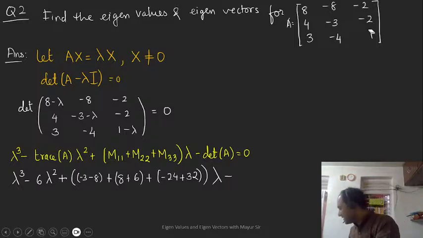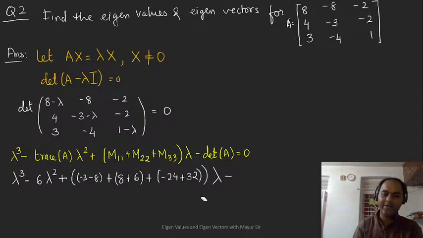How much is the determinant, guys? Those who are watching, you can let me know. The answer is going to be, determinant is 6. Fantastic. So we have got the answer 6 over here, that is equal to 0.